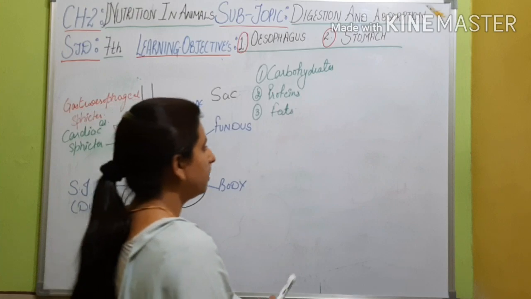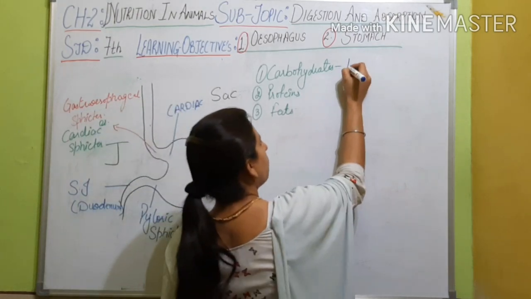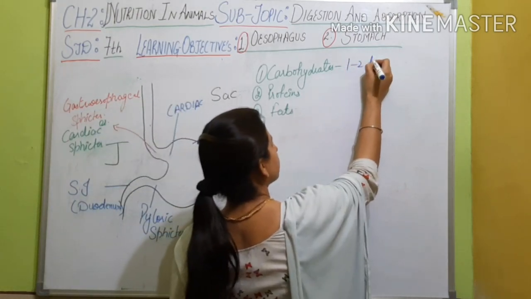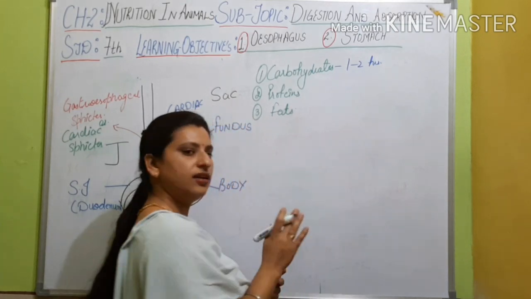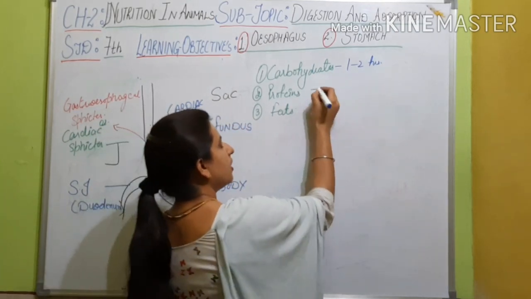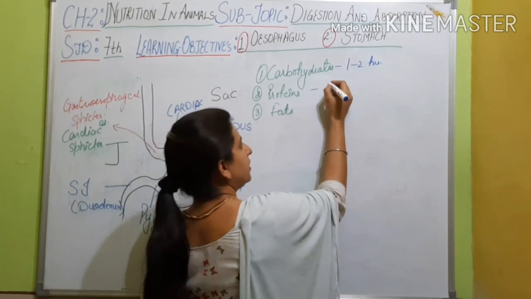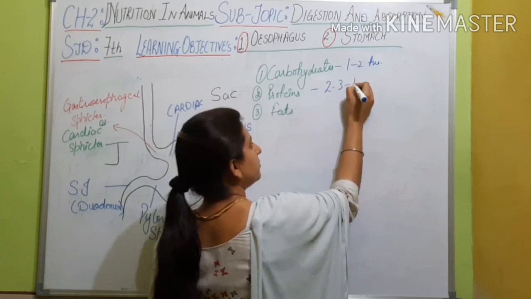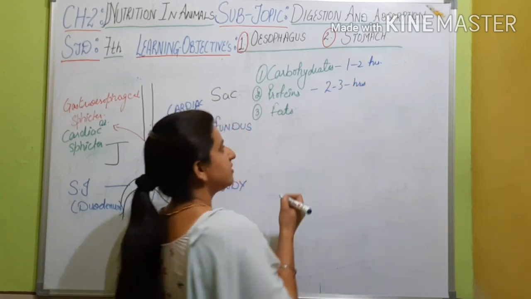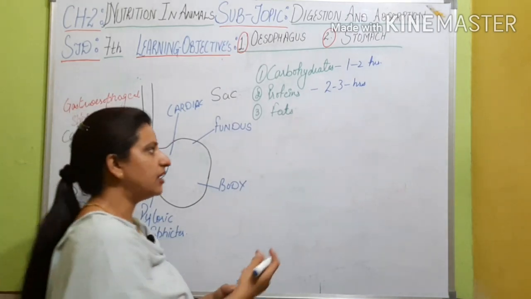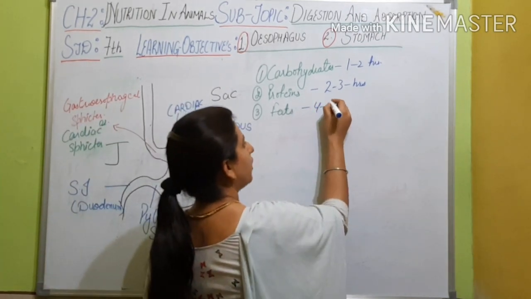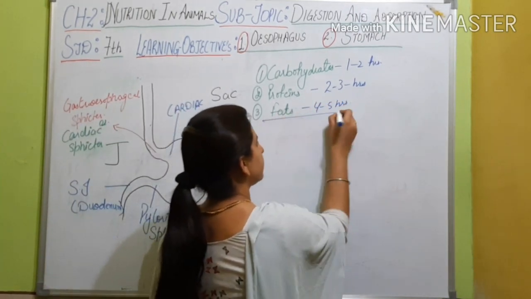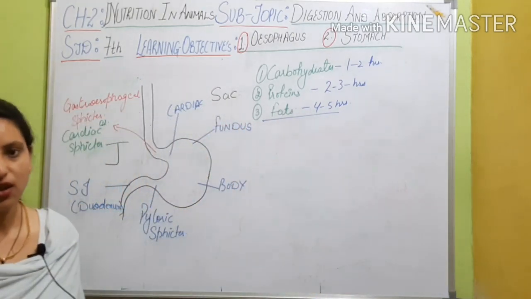Carbohydrates will take 1 to 2 hours to digest in the stomach. Proteins are a little more complex, they will take 2 to 3 hours to digest, and fats are more complex, so they take 4 to 5 hours to digest in the stomach.